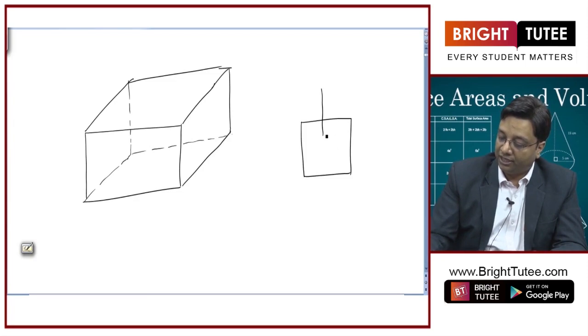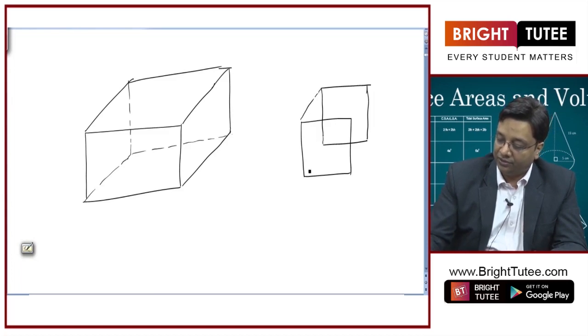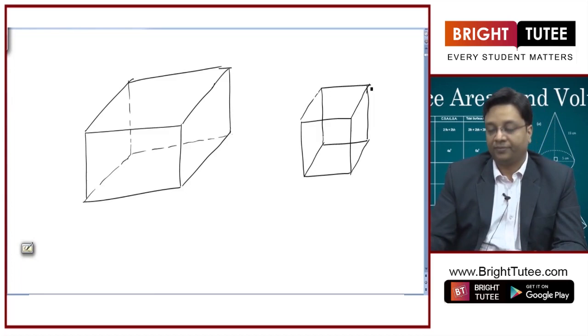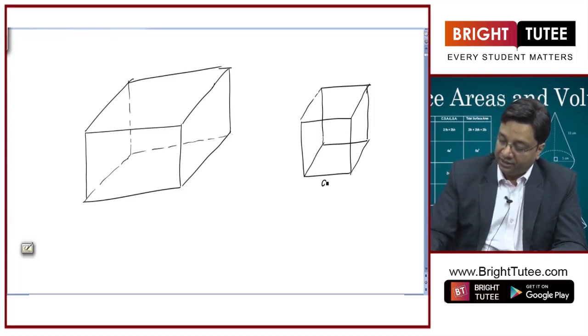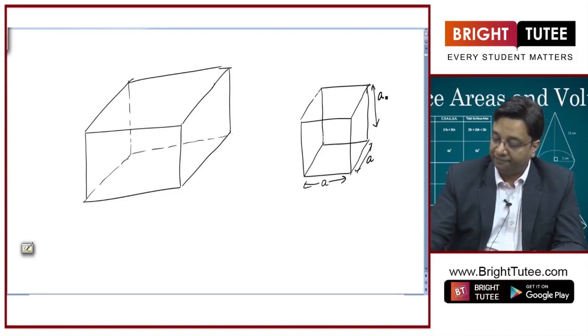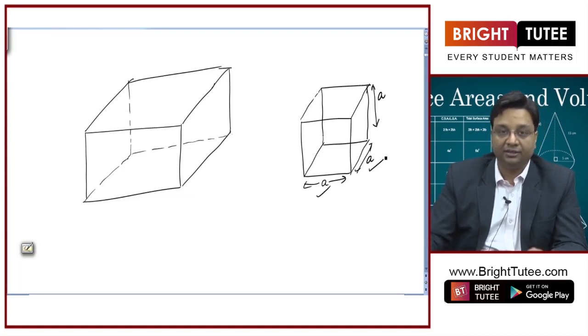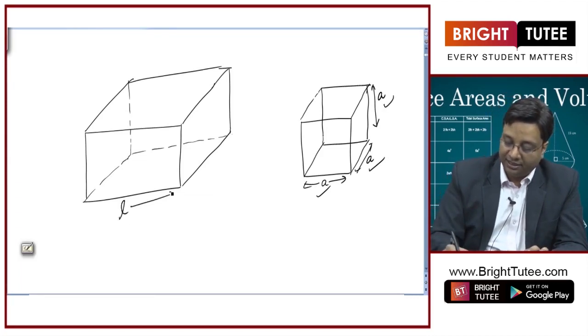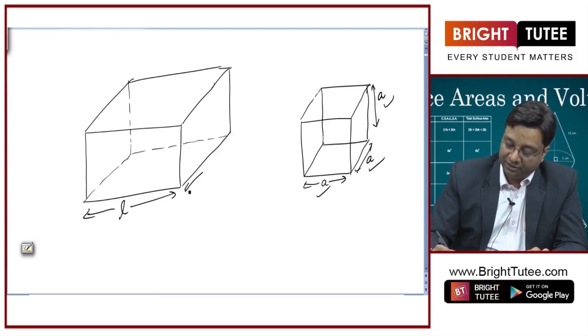A cube would look like this, where all the edges are of equal length, right. So, if this is A, this will also be A and this will also be A. Now, this is my length, this is breadth and this is height. In this case, this is length, this is breadth and this is height, right.